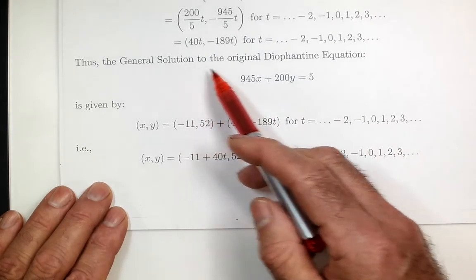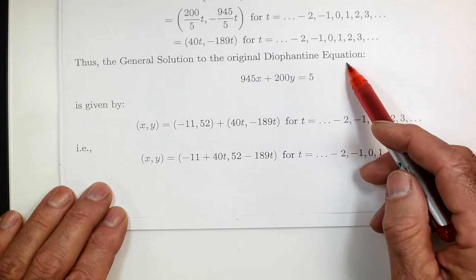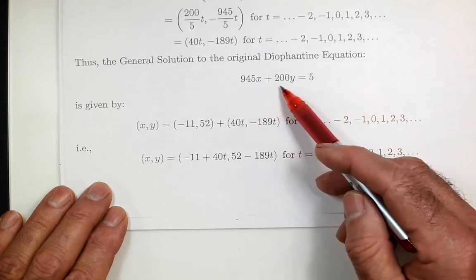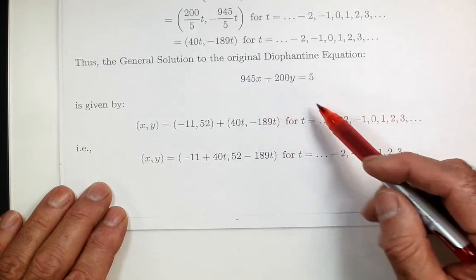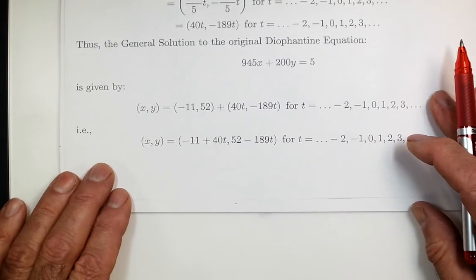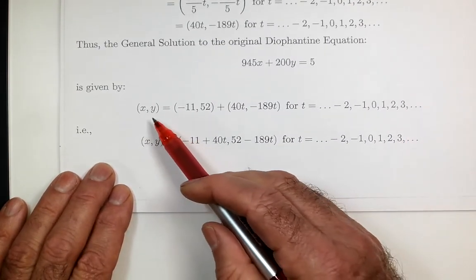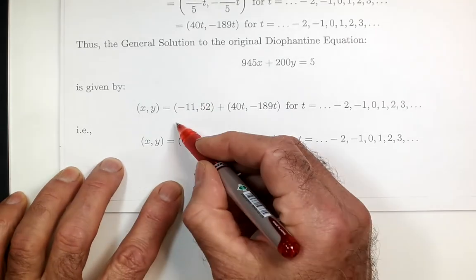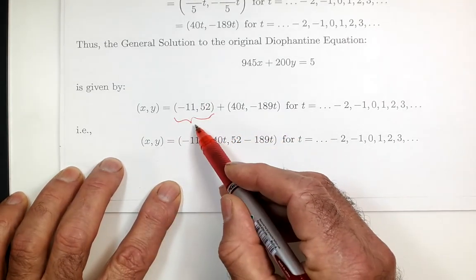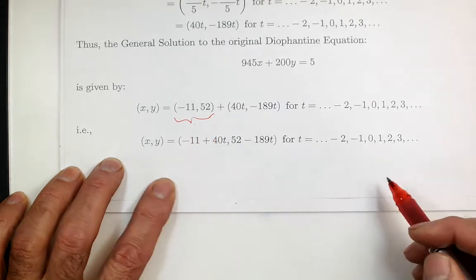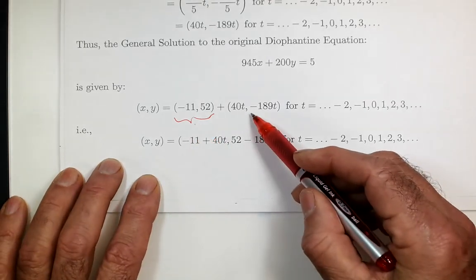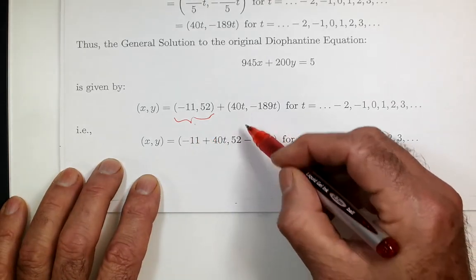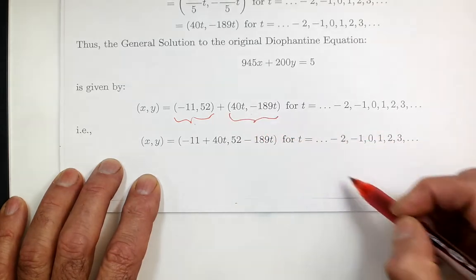So the general solution of the original Diophantine equation, 945x plus 200y equals 5, is given by (x, y) equals, what's this? A particular solution. And what's this? The general complementary solution.